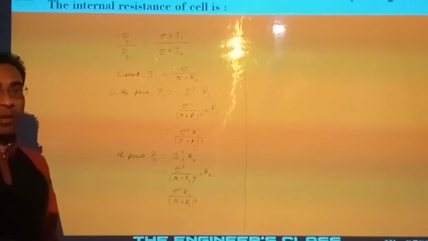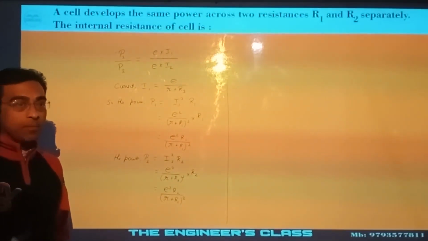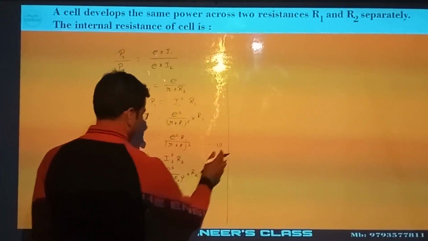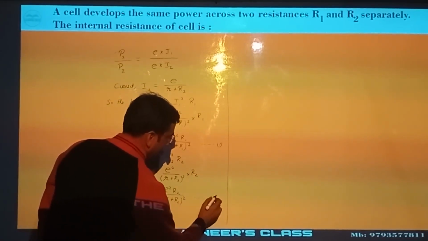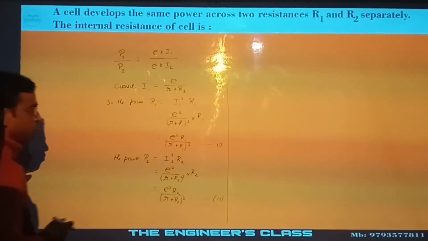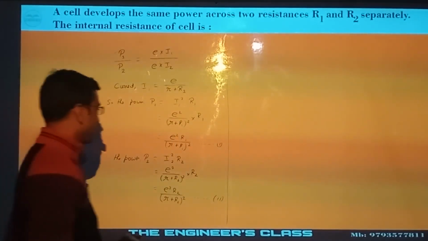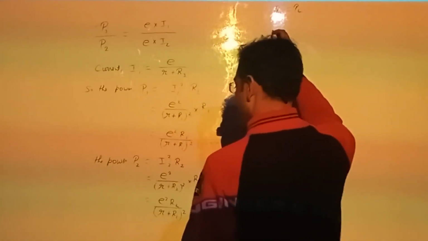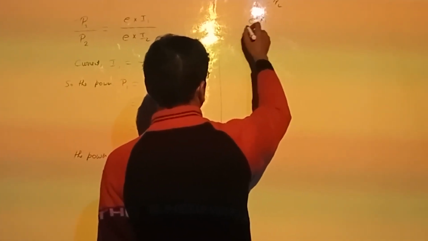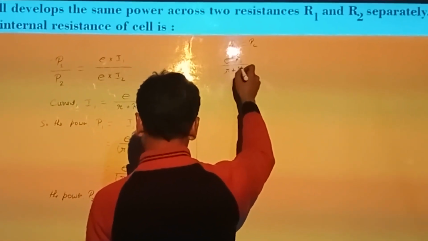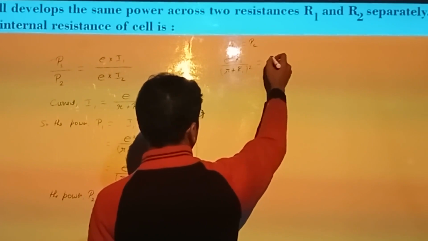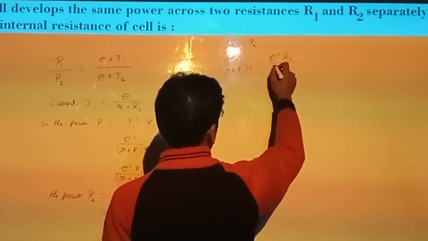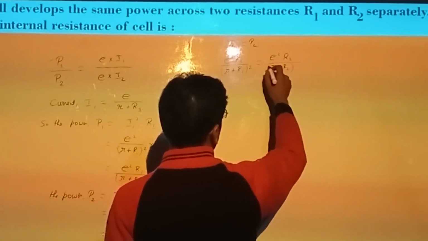From the question, the powers P1 and P2 are the same. I am taking these as equation number 1 and equation number 2. So from equations 1 and 2, P1 equals P2, so E square R1 upon (R plus R1) whole square equals E square R2 upon (R plus R2) whole square.